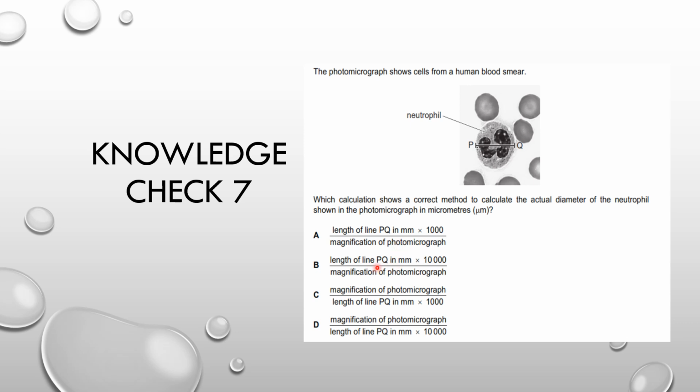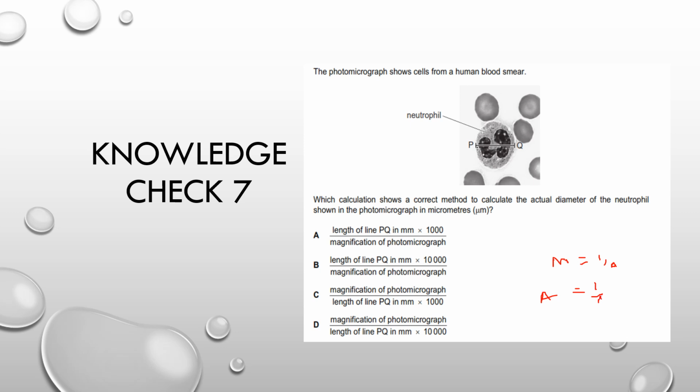Now B is wrong because millimeters should be multiplied by 1,000 to convert to micrometers. What is wrong with C? Magnification should not be divided. Remember that magnification is equal to image over actual. So that means actual is image over magnification.